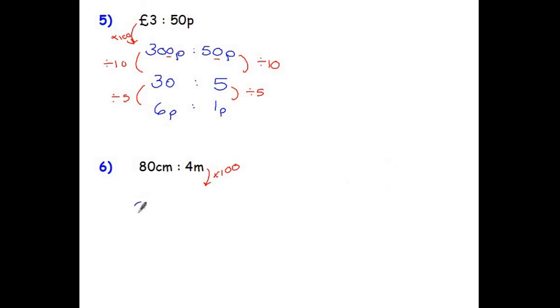So we'd have 80 centimeters to 400 centimeters. And now, because they're both in centimeters, we can actually now start simplifying. To do that, you'll notice both of them end in a 0, so that means we can divide both of them by 10.